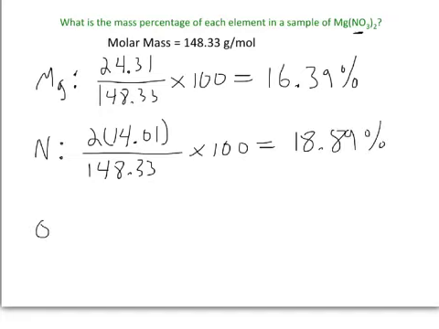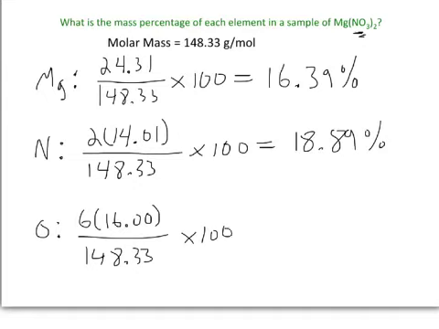And for oxygen, I have 6 moles of oxygen atoms for every 1 mole of magnesium nitrate. So I'll take 6 times 16, and I get 64.72%.